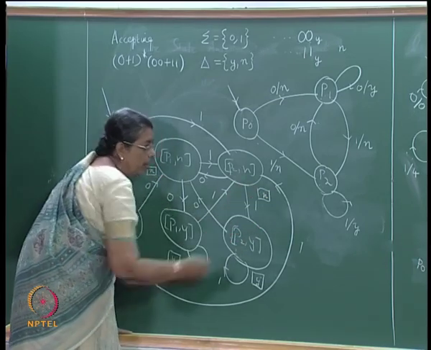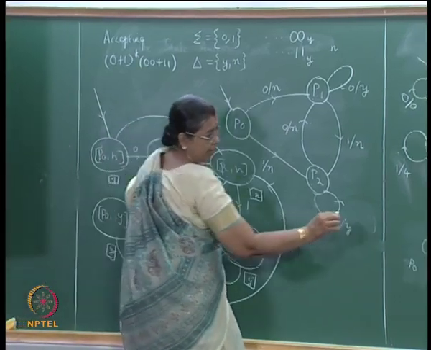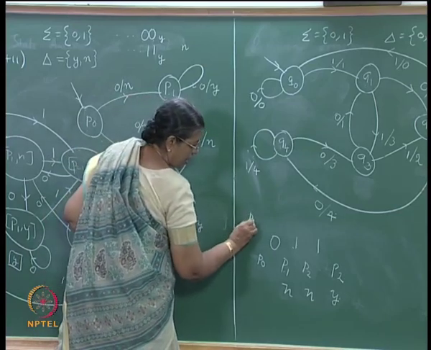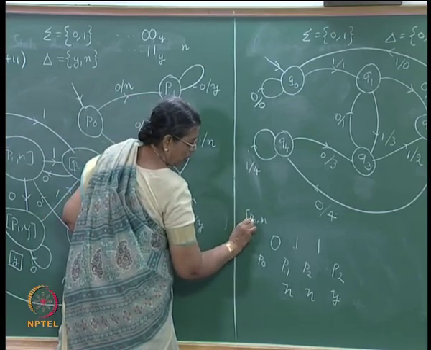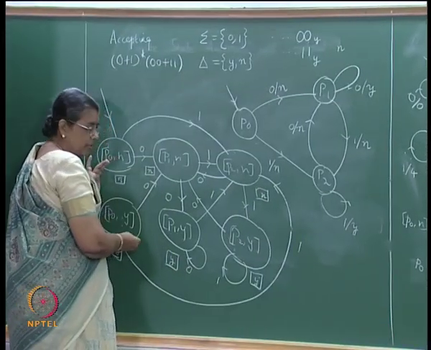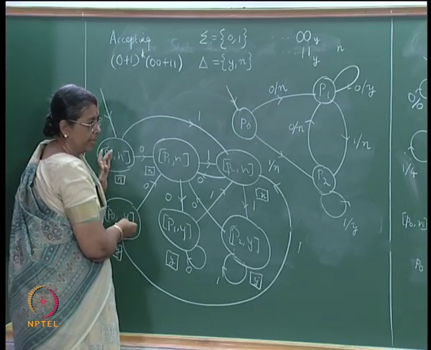So, what will be the state sequence in this case? I shall write the state sequence here. Initially you start with P0. Please note that I could have taken this also as the initial state, does not matter, either of them I could have taken as the initial state.